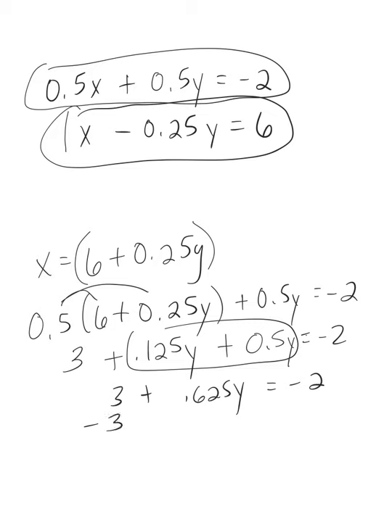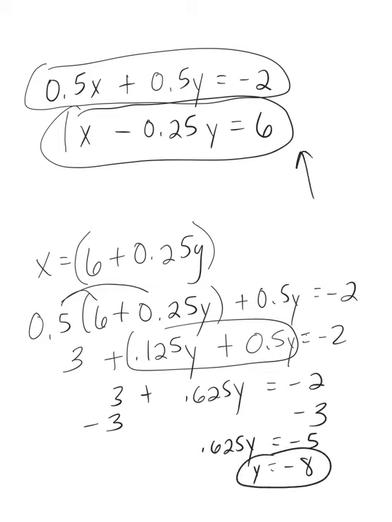I'll subtract the 3 from the right hand side. 0.625y equals negative 5. And I get y equals negative 8. Now I'm going to take this y equals negative 8 and plug it back into one of the original equations. The bottom one is easier.